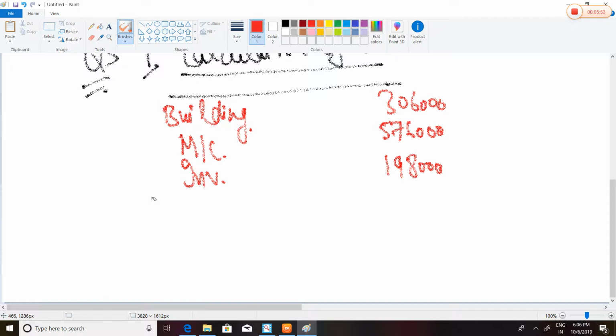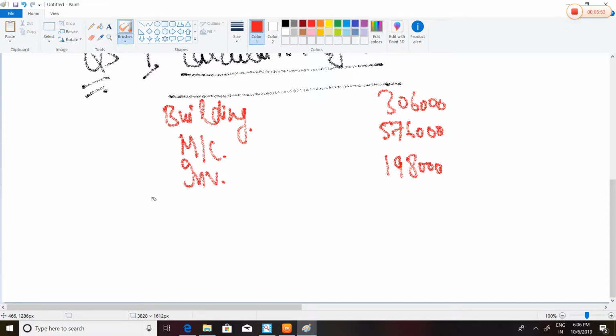Therefore, point number two. We are going to calculate the goodwill of the firm. Calculation of goodwill. Average profits minus normal profits is our super profits. You know the formula.